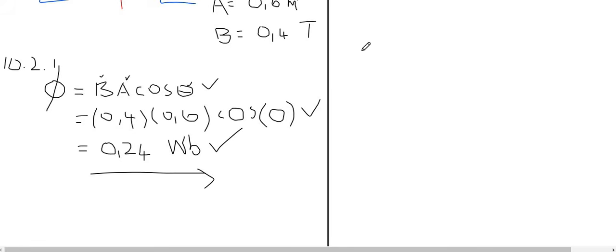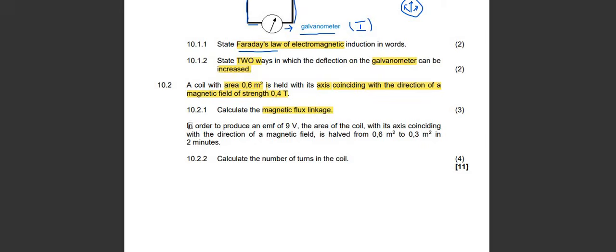10.2.1. So the question now continues, and it says to us, in order to produce an EMF of 9 volts, the area of the coil with its axis coinciding with the direction of the magnetic field, so the theta is still 0, they're still parallel to each other, is halved.